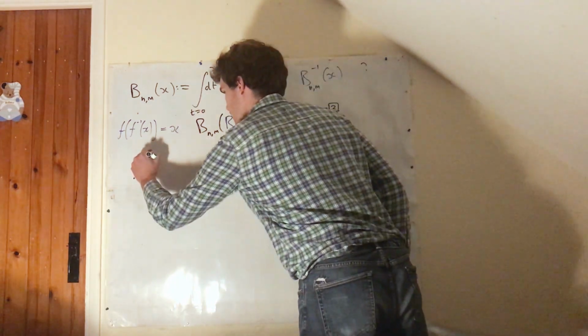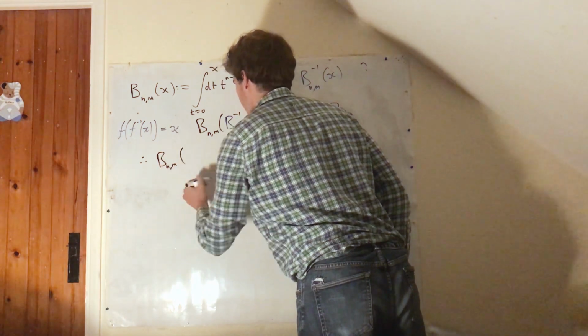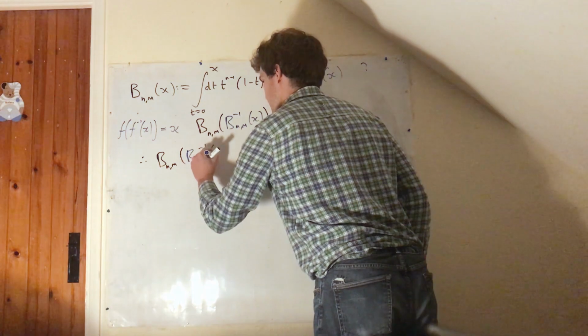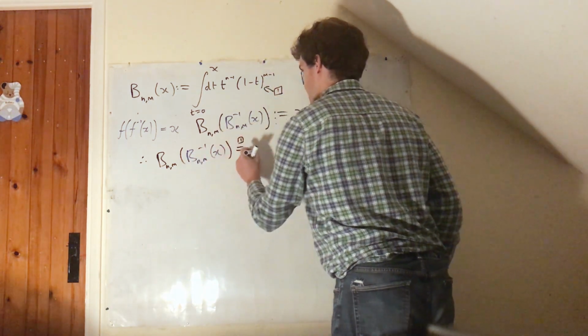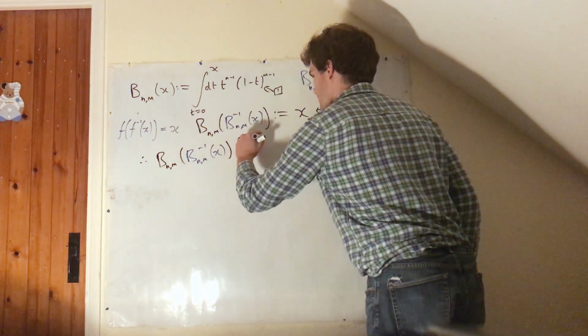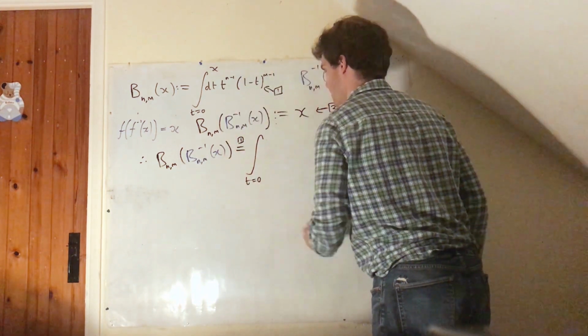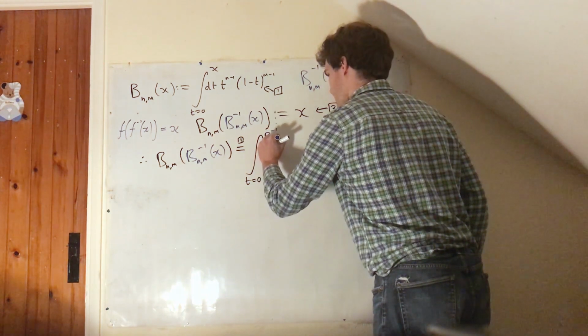So therefore, beta nm of beta nm inverse of x will, by equation 1, be equal to the integral from t equals 0 to the inverse beta of nm of x.